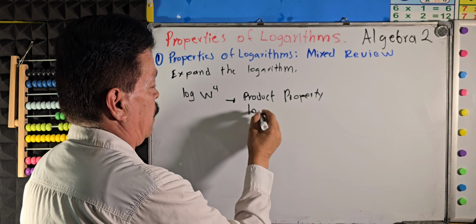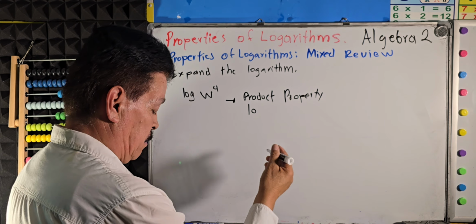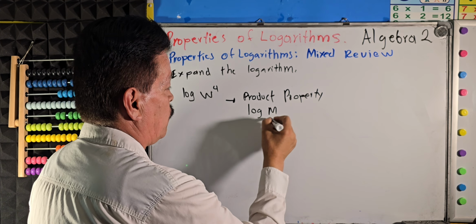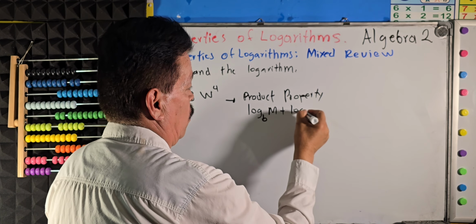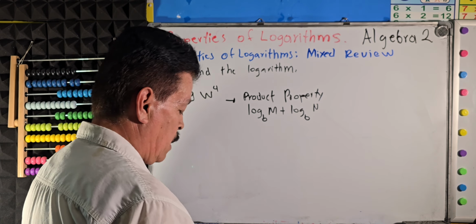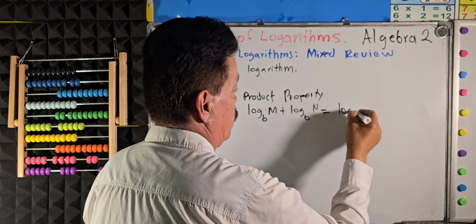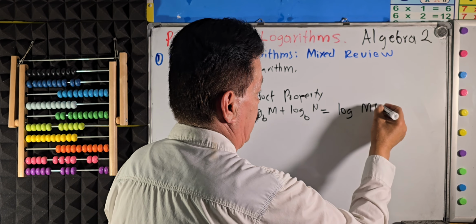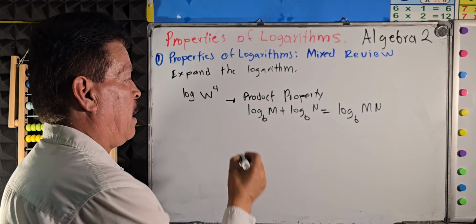I would like to write the formula, not explaining a lot, so just write log of m with the base b plus log n to the base b equals log of mn with the base b. This is the product property.